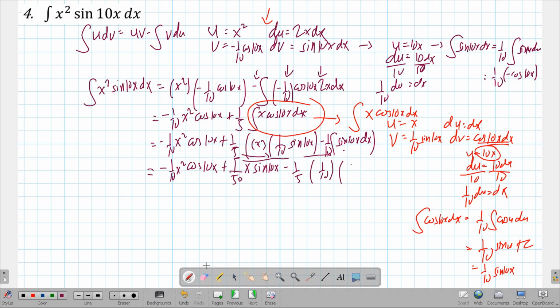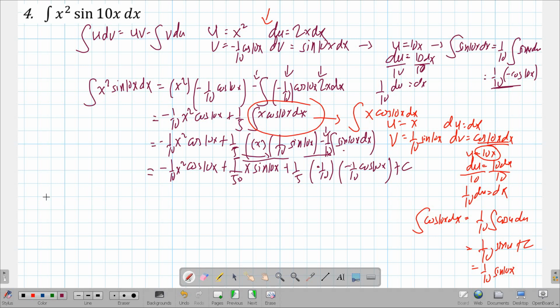Sorry, my bad. It's supposed to be a positive 1/5. Then there's a negative 1/10 here. This negative 1/10. Then another negative 1/10 cosine 10x. There you go. Sorry for the confusion. I hope we avoid that when we do calculations in the future.